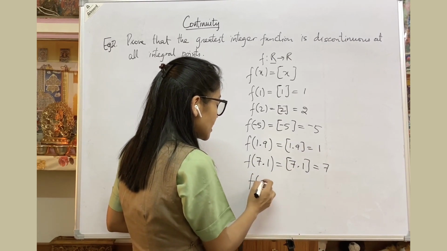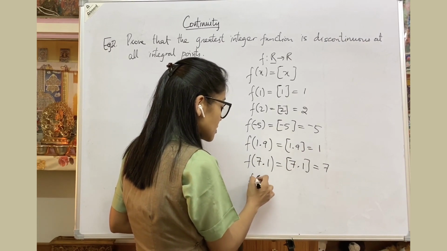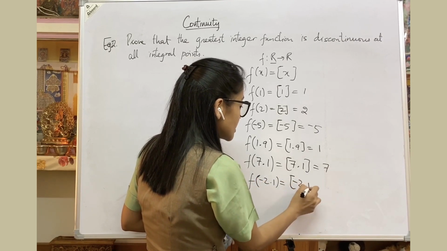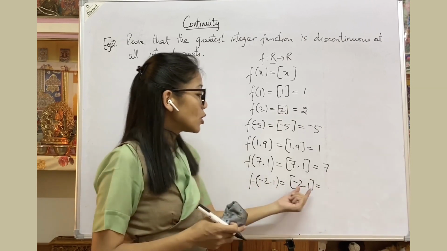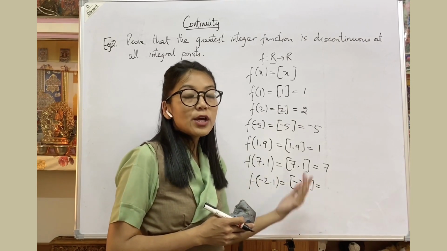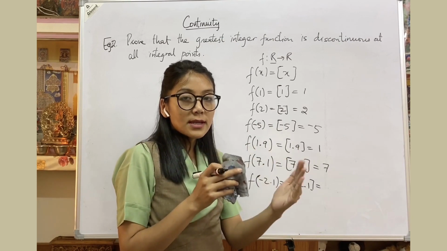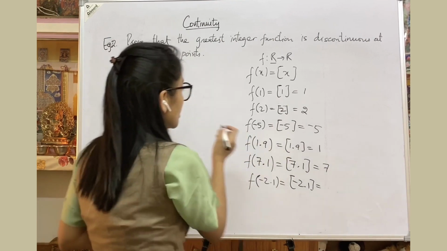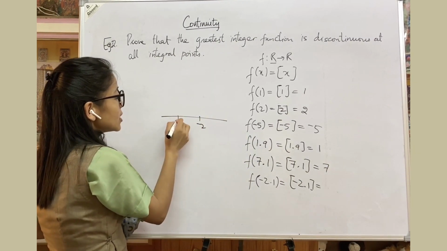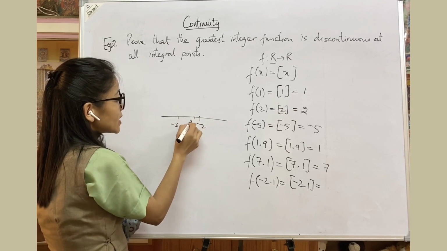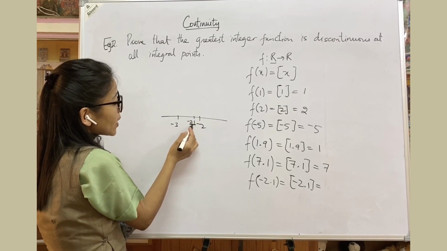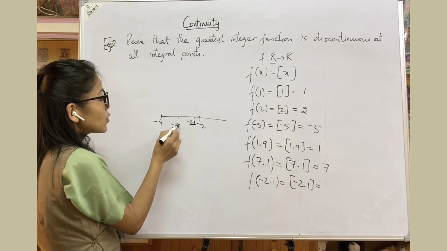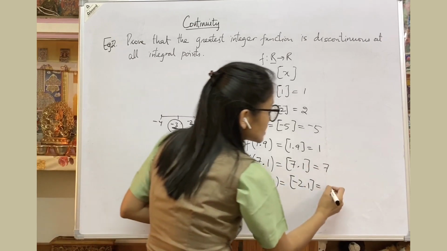Now if I take a negative decimal, say negative 2.1, first you have to select all the integers which are less than negative 2.1. So it starts from negative 3, negative 4, negative 5, and so on. Negative 2 is somewhere here, then you have negative 3, and negative 2.1 is here. Out of all these, you choose the greatest one, that is negative 3.